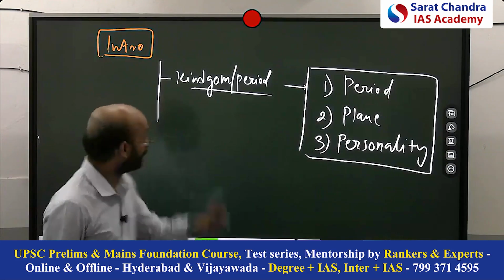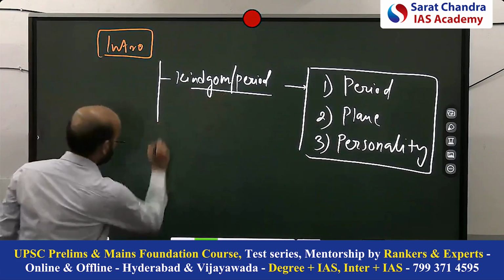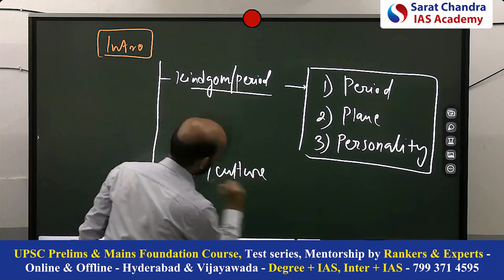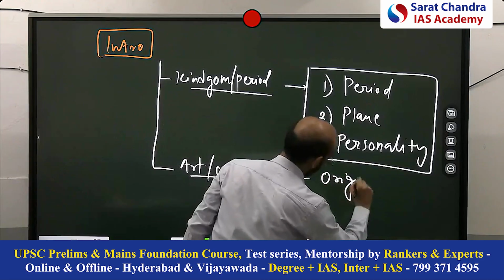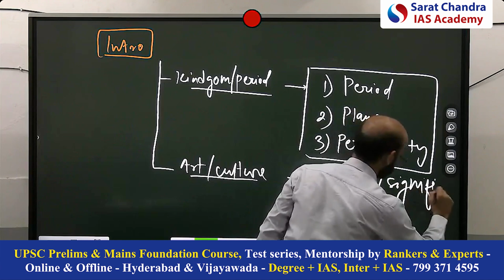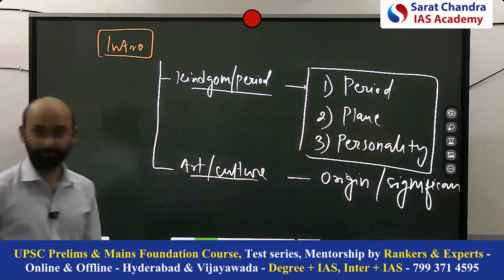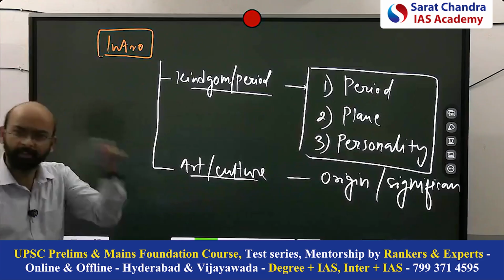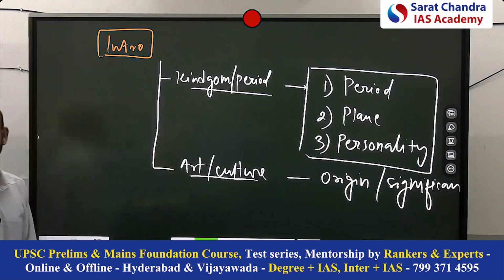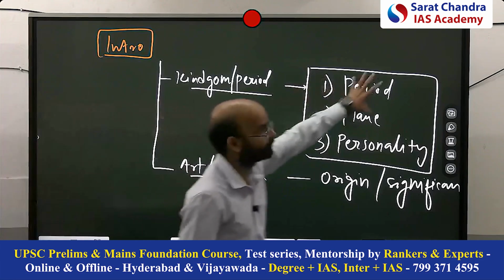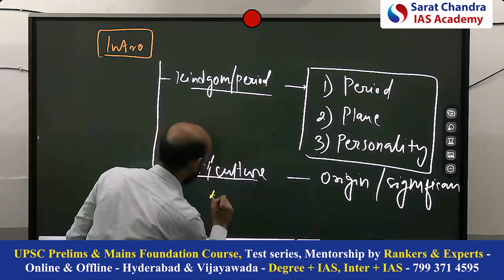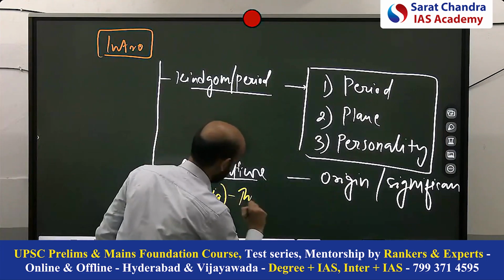Clear? If they ask about the kingdom or period, if they ask about art or culture, you have to give its origin. Or if you're not able to give the origin, give the significance of that architecture or art or anything in an attractive sentence. Okay, this is the introduction you have to write. Most commonly you will use this. Suppose they ask, for example, about theatre.